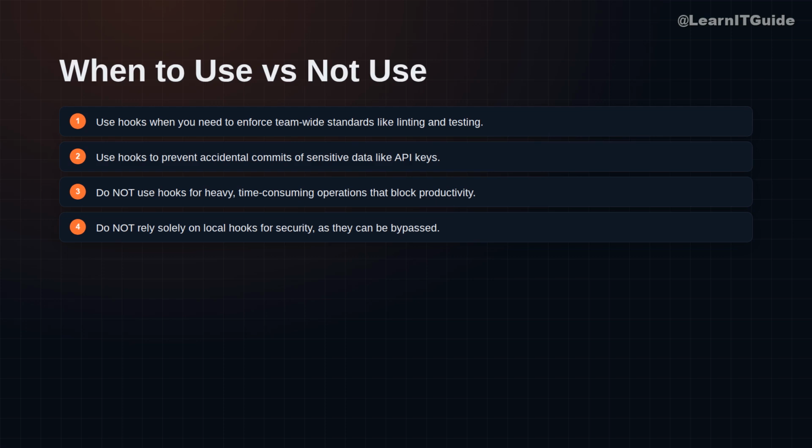However, do not use hooks for long-running processes that take 10 minutes to finish, as this kills developer productivity. And remember, local hooks are not a security barrier. A developer can always bypass them with a --no-verify flag, so always keep your primary security gates on the server side. Use these criteria to decide if this tool is right for your situation.